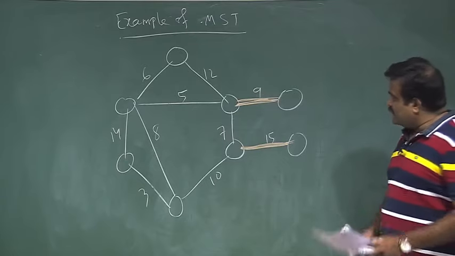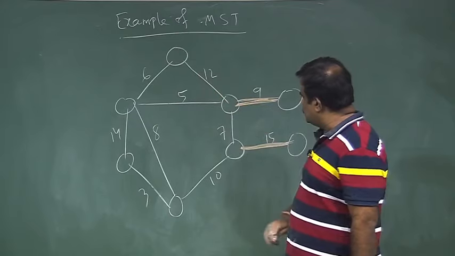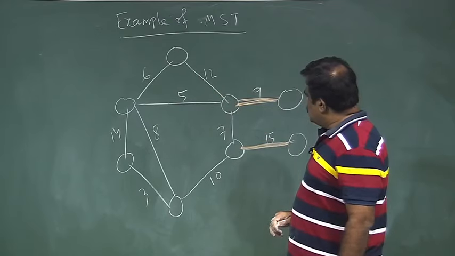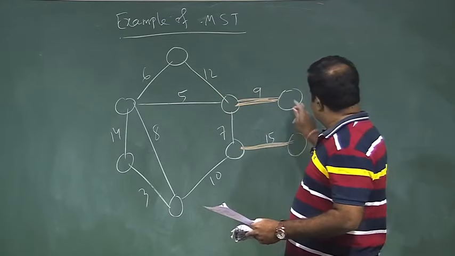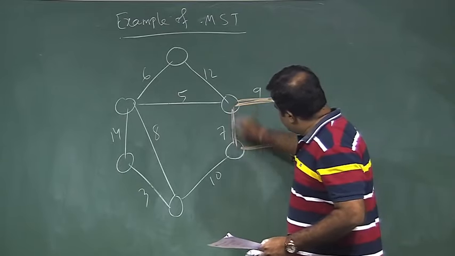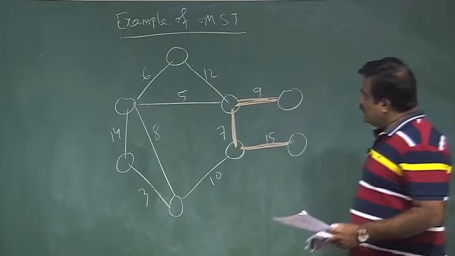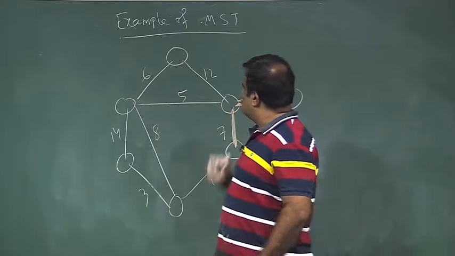Okay, so after taking this, what do we do? Now we try to cover all the vertices. Taking this one covers these two vertices. Now we want to cover these two vertices.